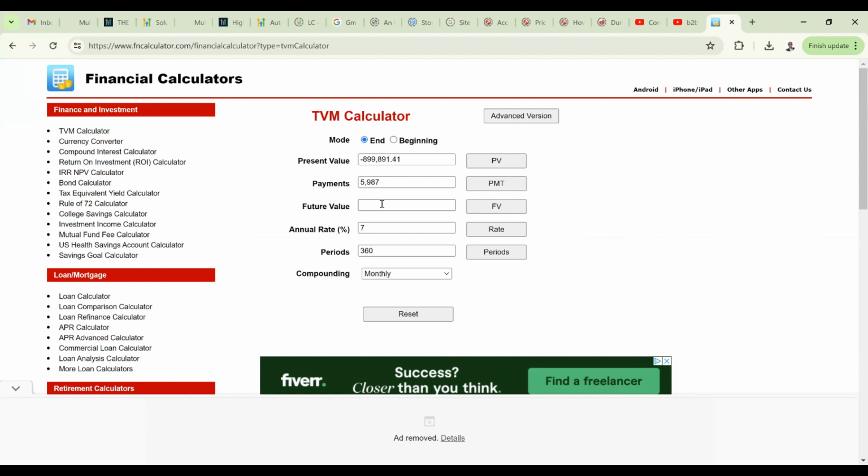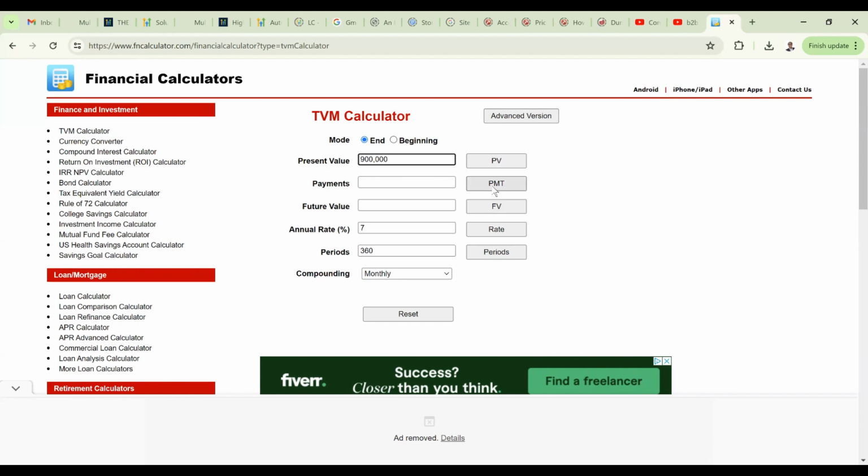This is good when you have 3 of the 4 necessary numbers. So you can play around with this, but let's assume I didn't know what the payment was. And I knew how much of a loan I was going to get, 900,000. I don't know what the payment is, but I do know the interest and I do know the months.